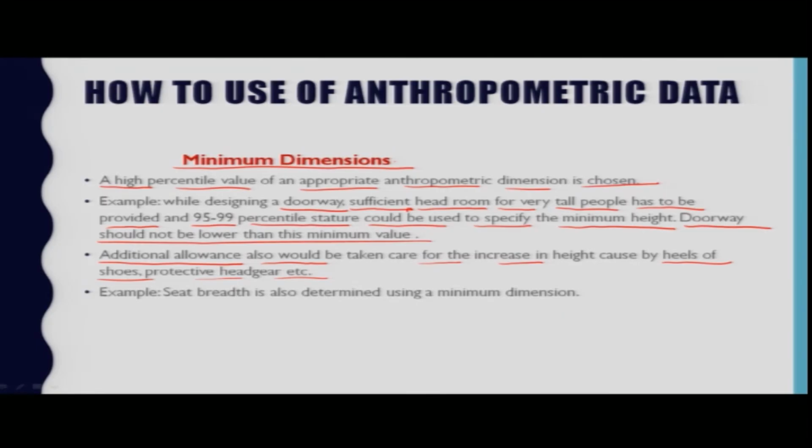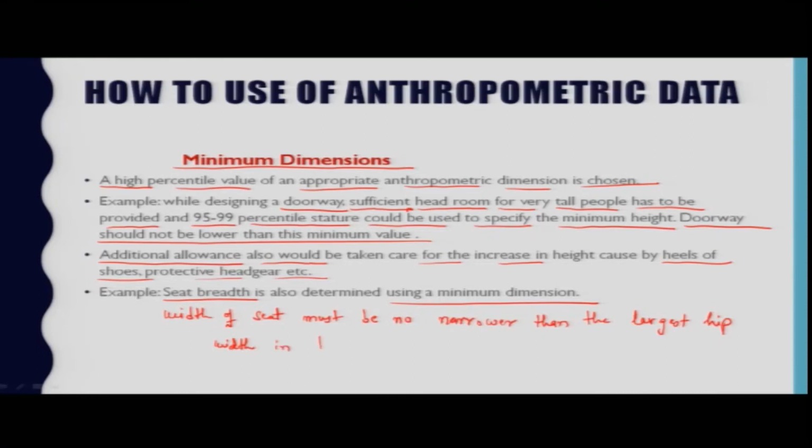As an example, if you are going to describe this minimum dimension case, seat breadth is also determined using a minimum dimension. So, the width of a seat must be no narrower than the largest hip width in the target population.